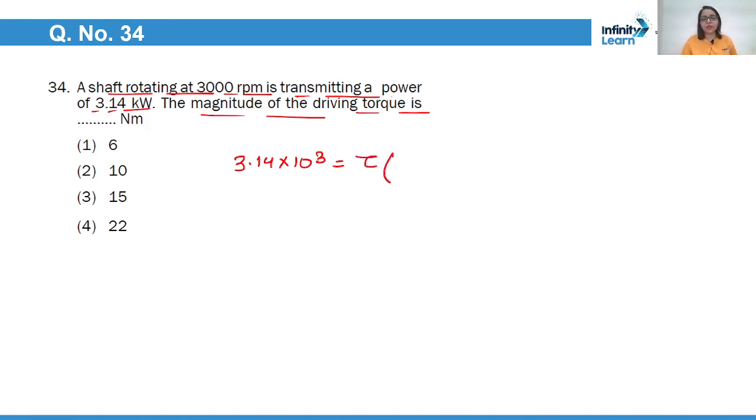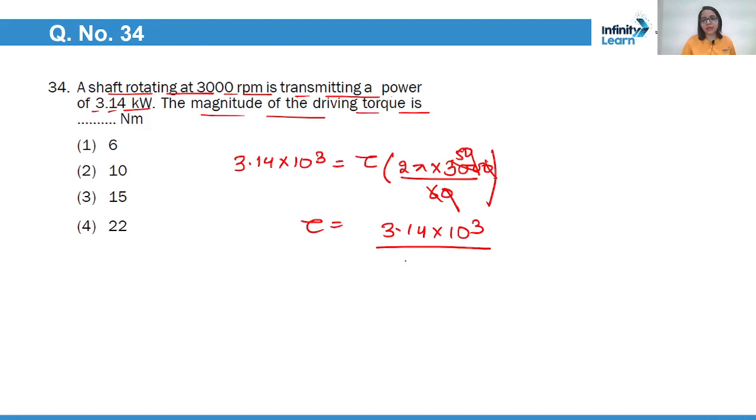Here omega is 2 pi into 3000 divided by 60. This will cancel and we have 50. So tau is 3.14 into 10 power 3 divided by 100 pi. So pi cancels, and we have 10 Newton meter, which is option 2.